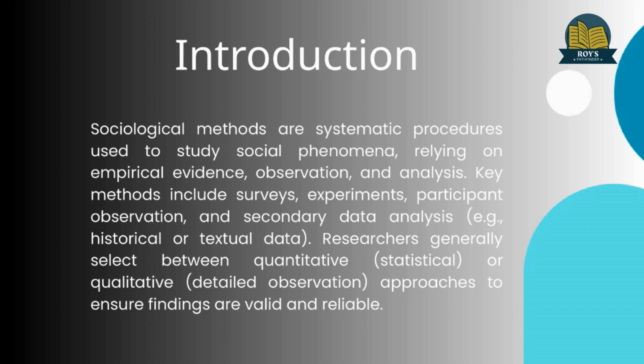Researchers typically choose between quantitative methods, which use statistical techniques to analyze data, and qualitative methods that offer a deeper, detailed understanding through careful observation. The goal is always to make sure our findings are both valid and reliable, giving a true picture of the social world. Now we will study each type of sociological method.